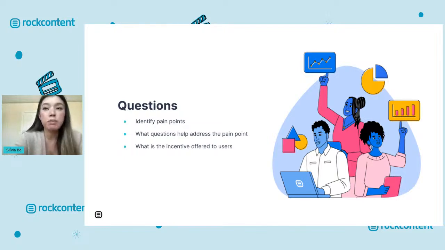Identify the pain points. It is important to identify the pain point in order to ask the correct questions. Without a sound understanding of the underlying pain point, it is difficult to create an experience that helps the user. Next is to ask the correct questions for the pain point.